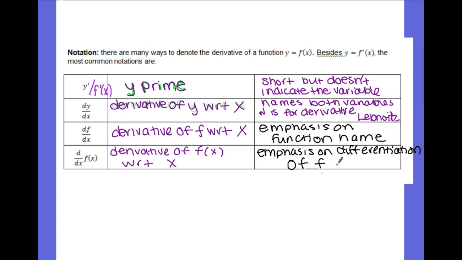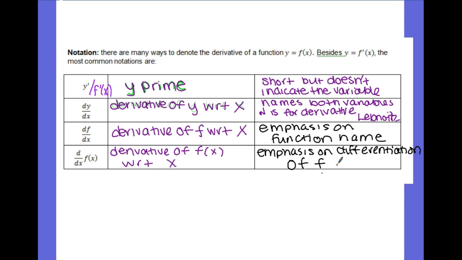So what is here? The df, the f itself. So the function name. Is it emphasis on or emphasizes? Does it matter? Emphasis on is fine, or it would be emphasizes function name.